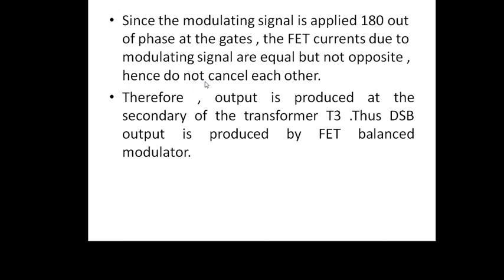Therefore an output is produced by the secondary of transformer T3. Thus the DSB signal is produced by the FET balanced modulator.